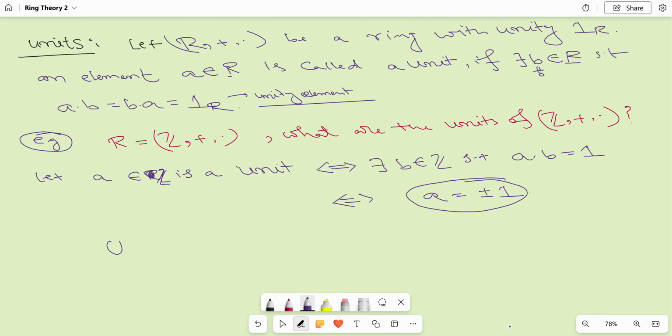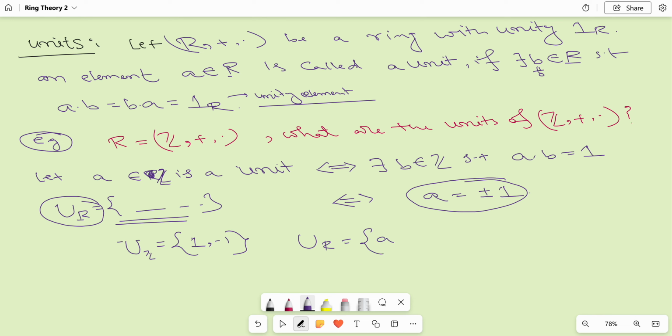U of Z equals {1, minus 1}, right? So in any ring, the units of R, U of R, is defined as all those a inside R such that a is a unit.